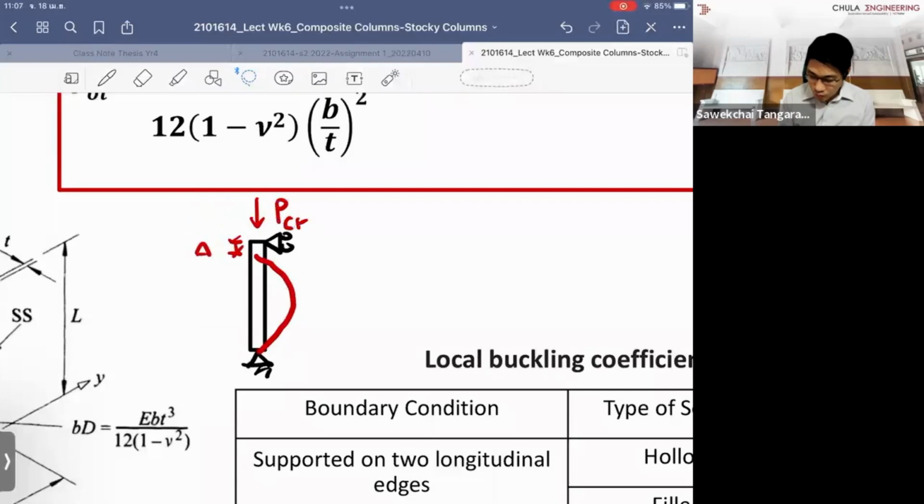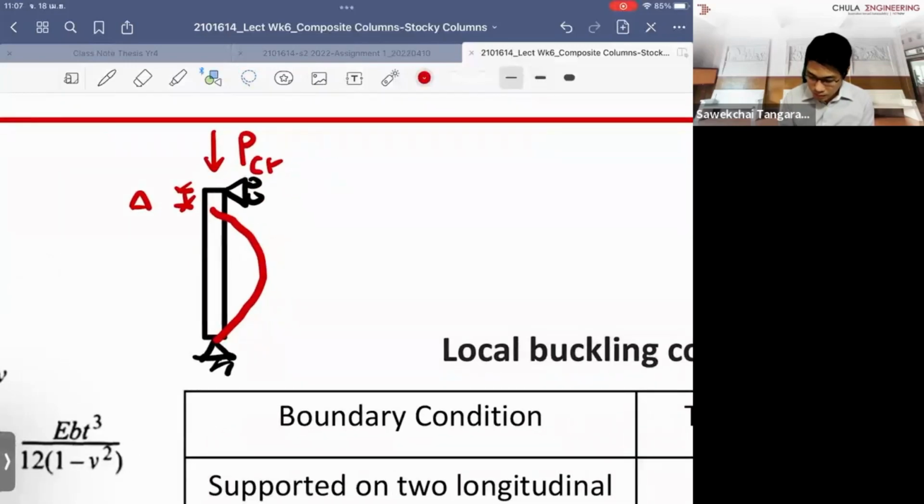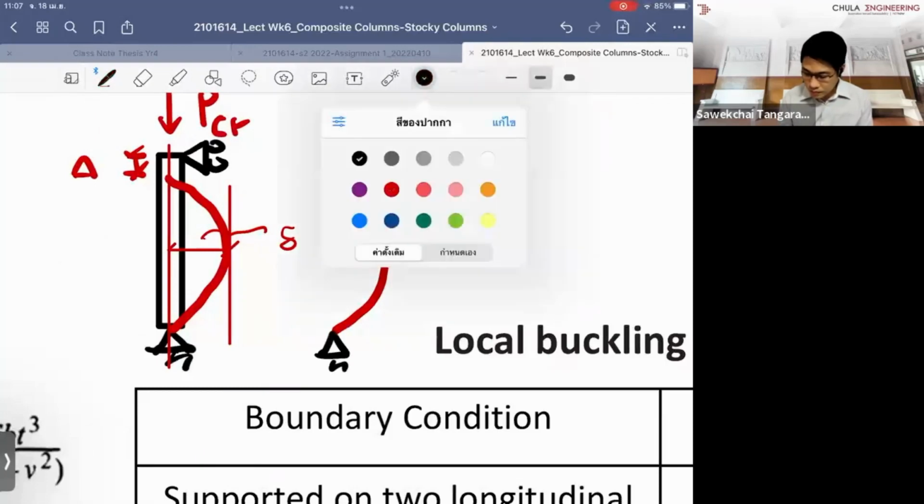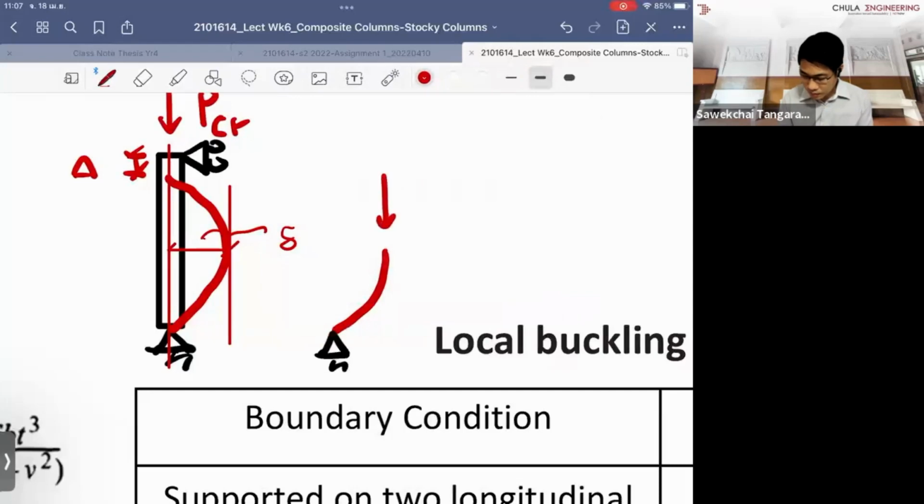and it will form what is called a lateral delta. So when we look at the equilibrium of this, you have the support, you got the force, right?